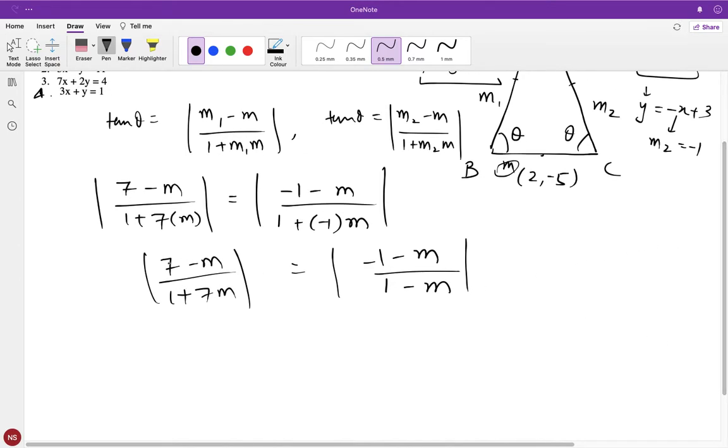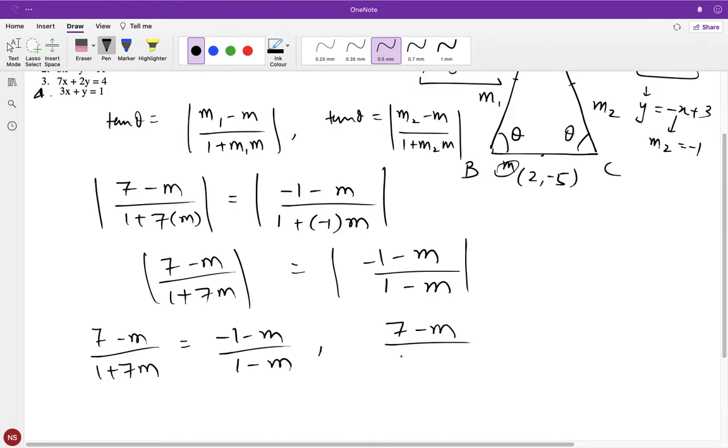Now since the mods of these two are equal, it follows that either it is equal to this, or it is equal to minus of this.